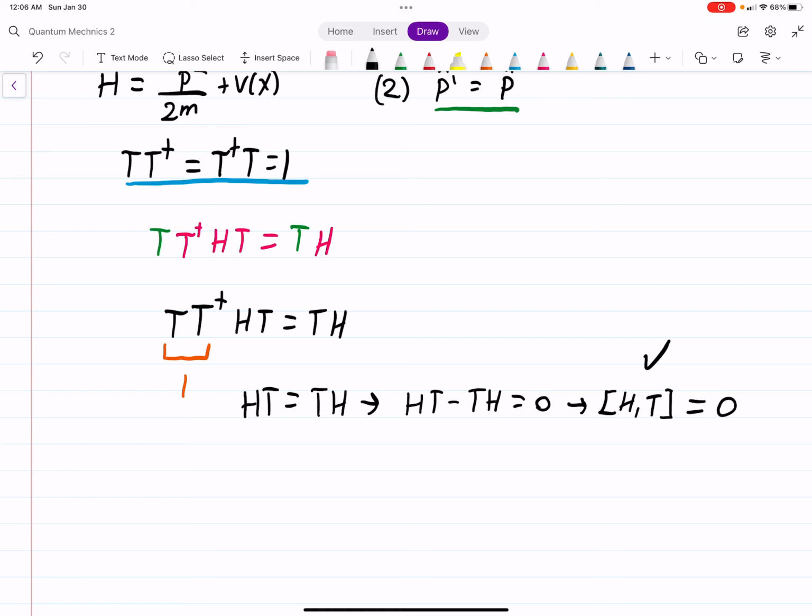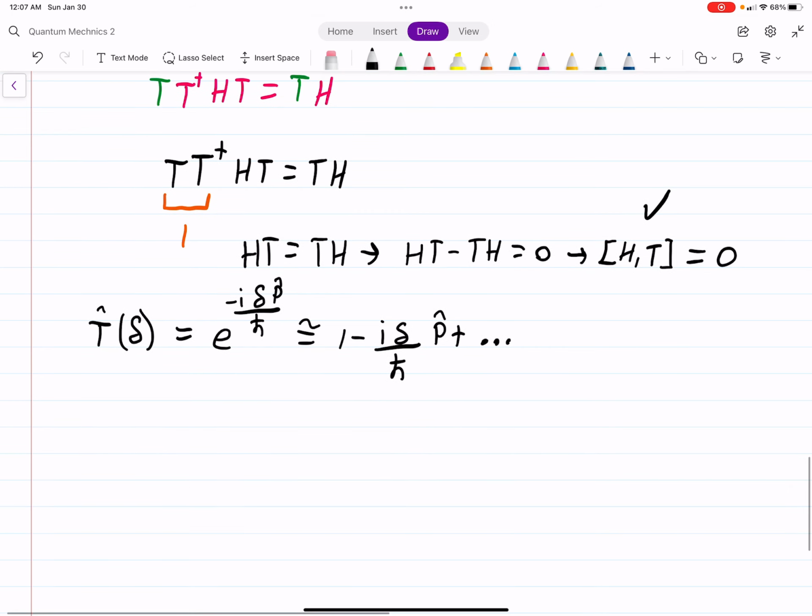Okay, now why do we care about that? Well, let's take a very small a, delta. We know what that's equal to. Instead of a, we'll put delta. And if we expand this with the Taylor series, this will be 1 minus i delta over h bar p plus some other terms.